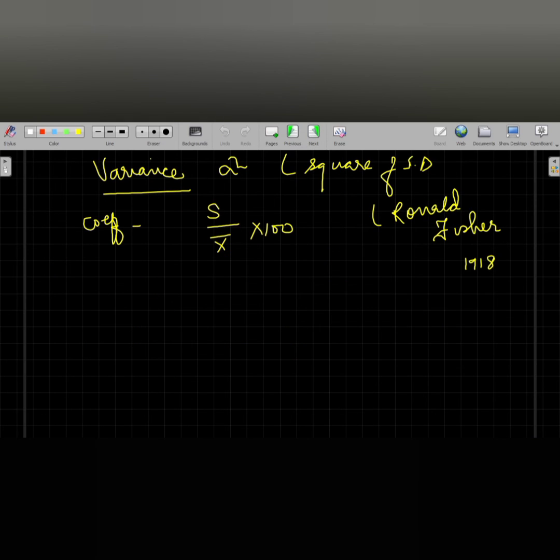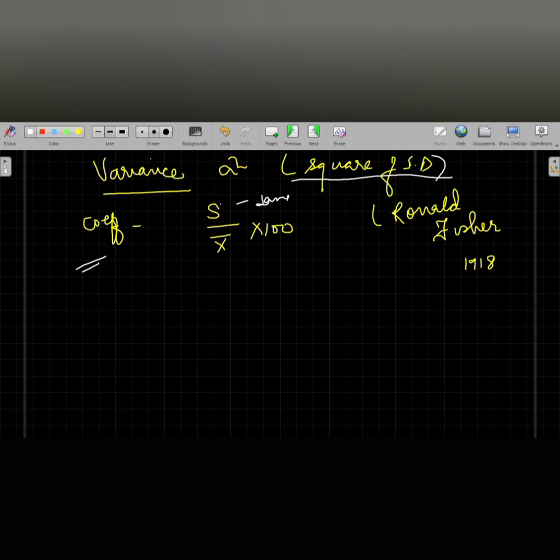Now we will see the variance. I have explained in the standard deviation what variance is. Variance is simply the square of standard deviation, and the coefficient of variation will be s divided by mean times 100. And what is s here?